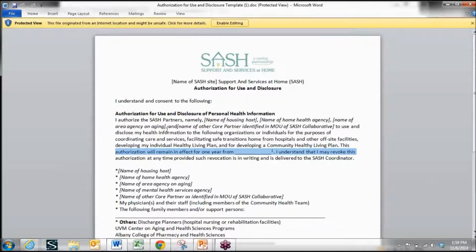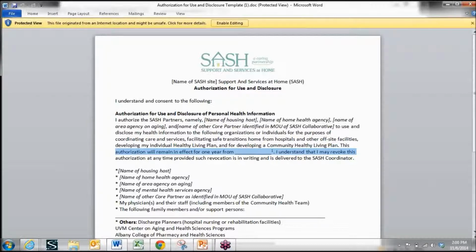So you're going to use or disclose their health information with the following organizations. So it's only the organizations that are listed on this form, so that's important to explain to your potential participant. This is not open game for you to talk about them at cocktail parties or when you're at town meeting. It's just sharing of information amongst these particular partners.